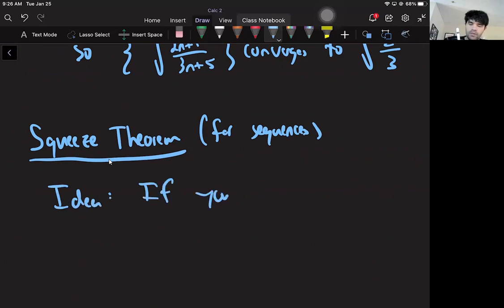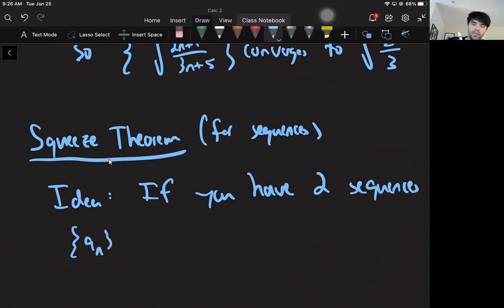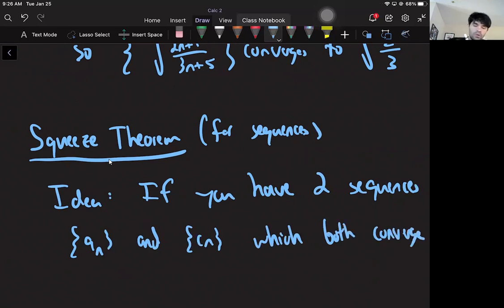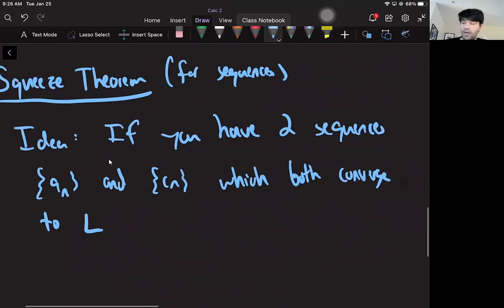If you have two sequences and you know what they do, you really need to know what they do first, which both converge to L, some number L. So you know what these two guys already do.